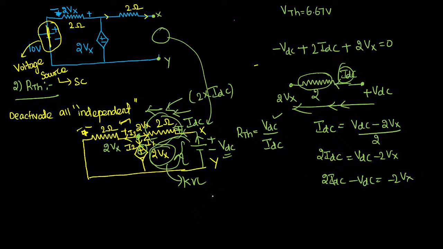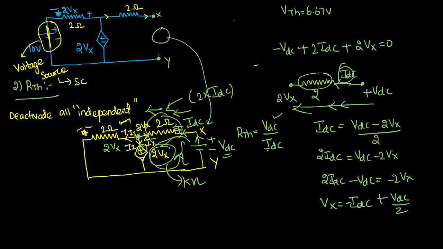Again, you have to pass this minus to this side. So Vx will become minus IDC, the 2 getting cancelled, plus VDC by 2. That is the value of Vx.